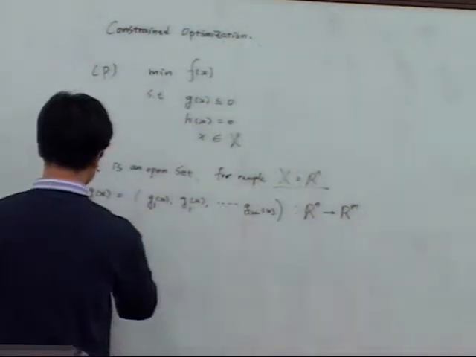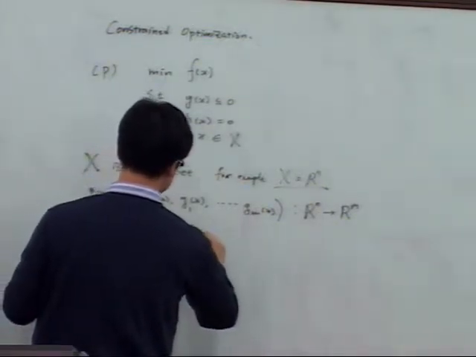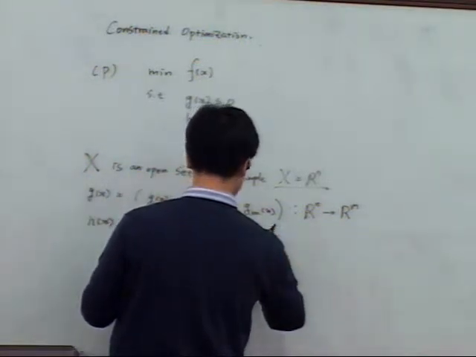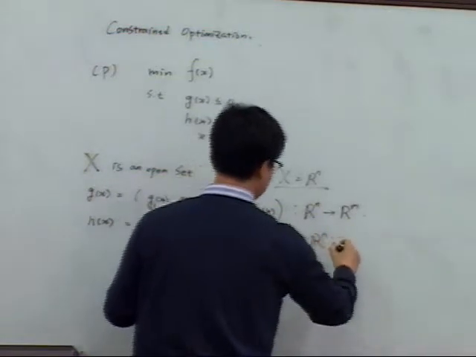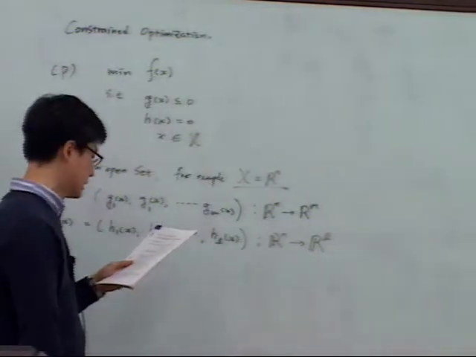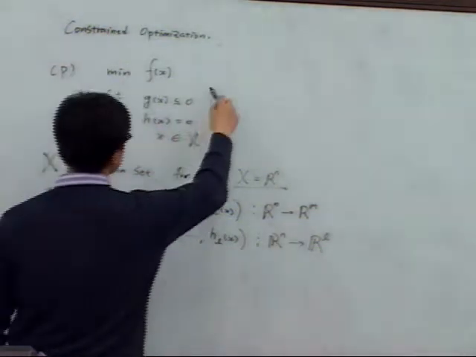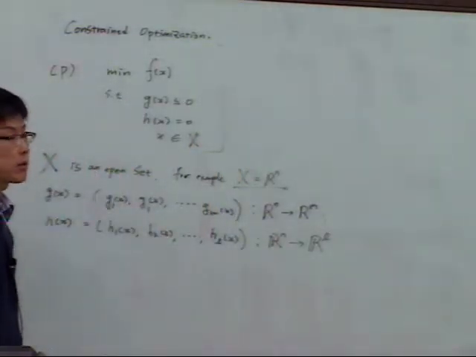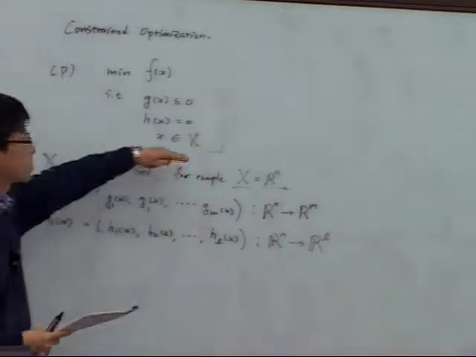Same thing here. The equality constraint is also given like L. It's a mapping from n dimension to L dimension. Okay. Now we have this kind of constraint. Unlike the unconstrained optimization problem, our feasible region is not the x.